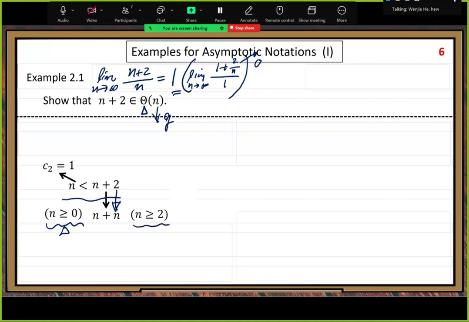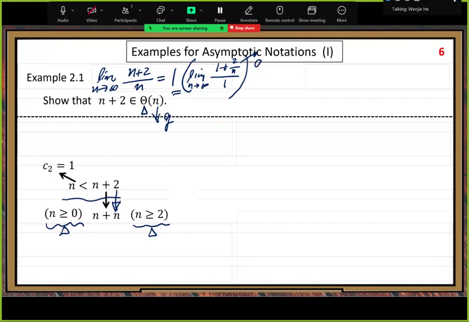So this is our condition for n0. Remember, we need to determine that vertical bar, that n0. The range here gives us that n0 number. So we need to put it here: n greater or equal to 2.